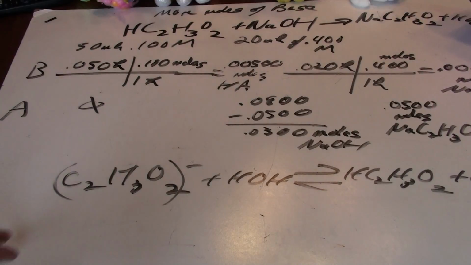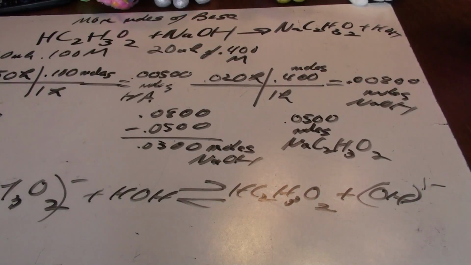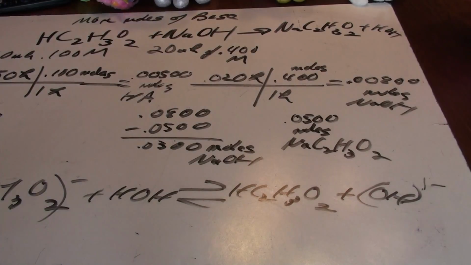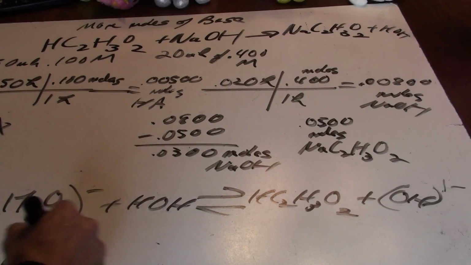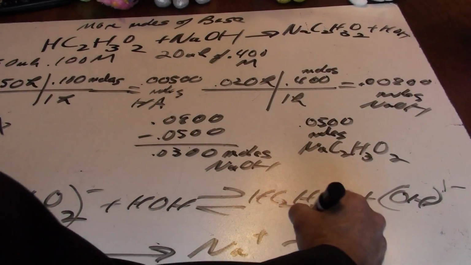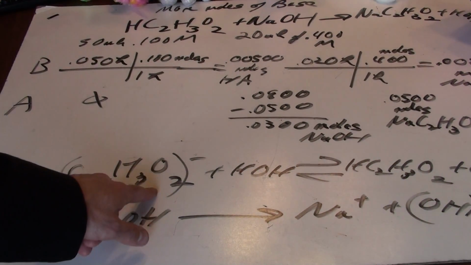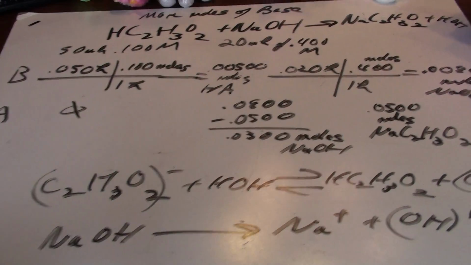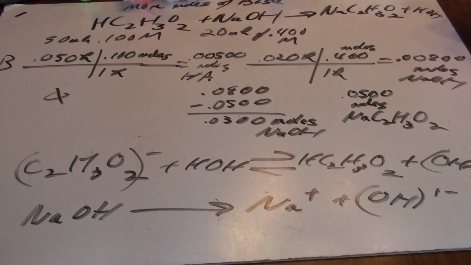However, the amount of OH minus being produced from this reaction is insignificant because you have leftover sodium hydroxide. Sodium hydroxide is a strong base and will break apart completely, whereas the acetate is the conjugate base and it is a weak base, and therefore it will not generate very much OH minus. So when it comes to calculating your pH, all you care about is how much leftover sodium hydroxide you have.